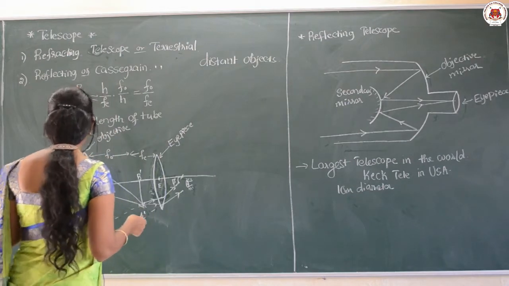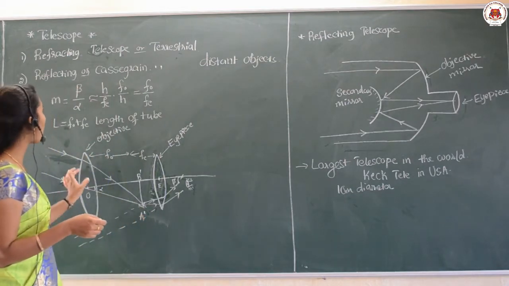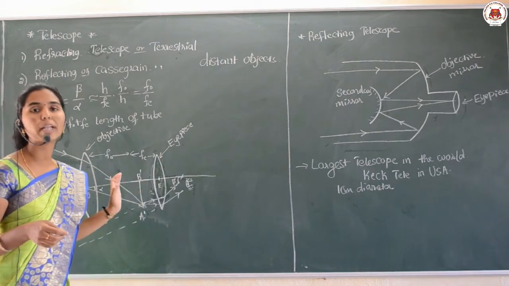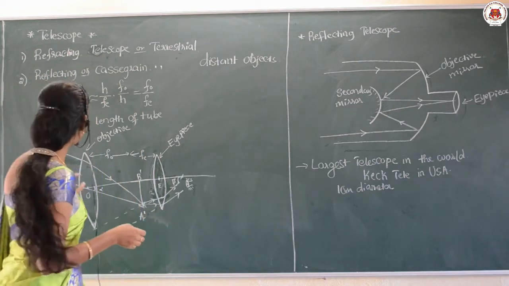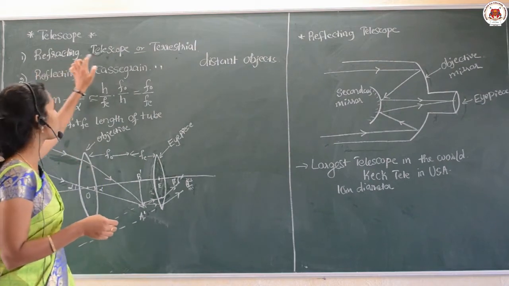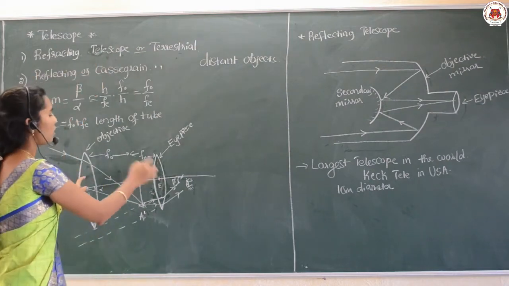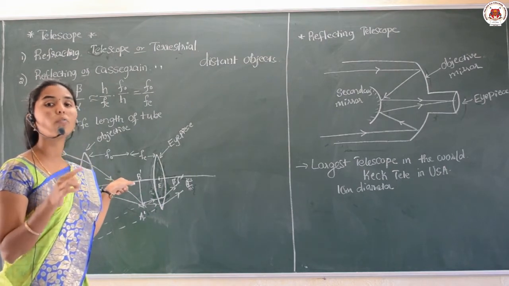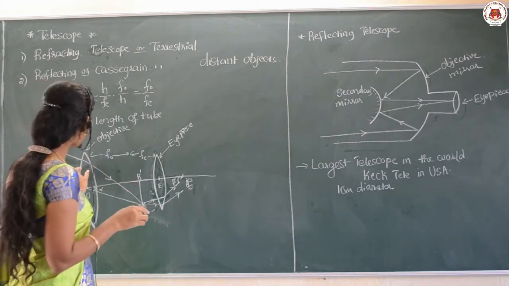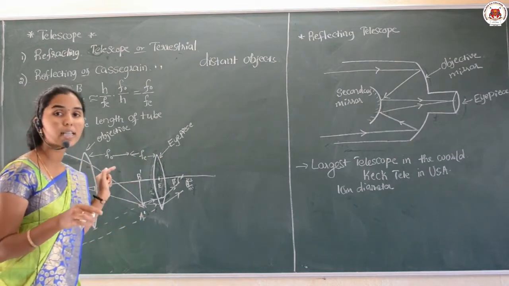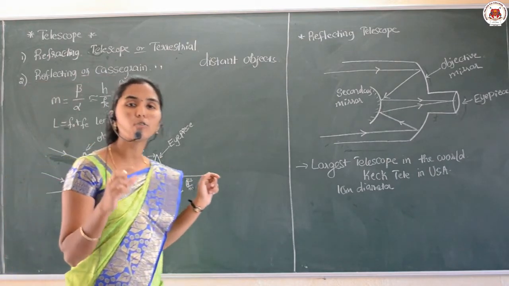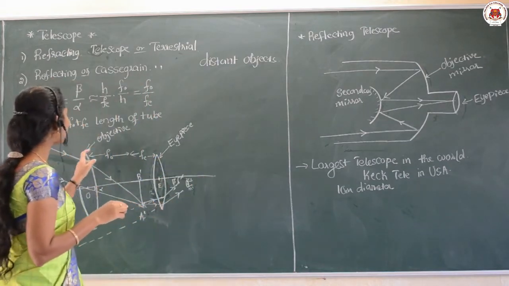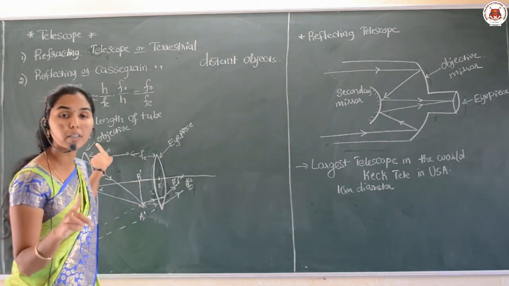Dear student, first we should know what the refracting telescope consists of and how it works, right? The refracting telescope consists of two lenses here, and they are convex lenses. One convex lens is of a large focal length and a large aperture. It is called the objective.